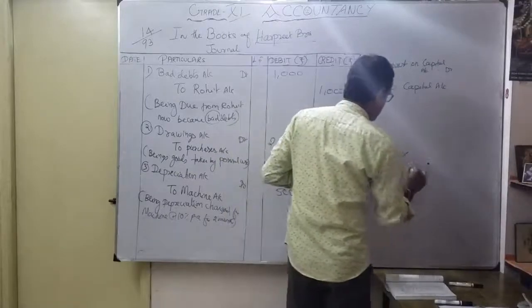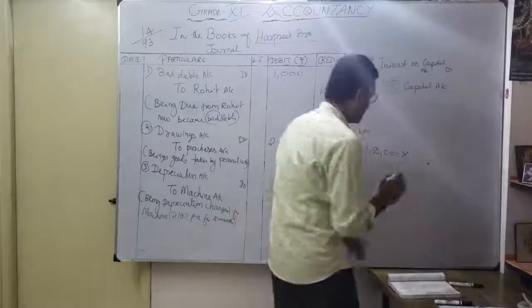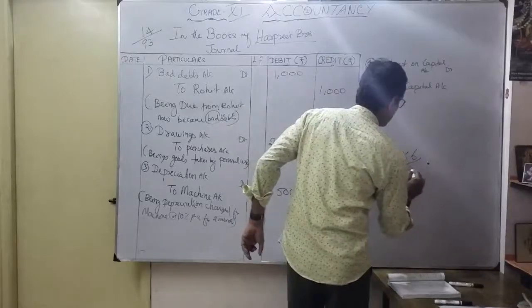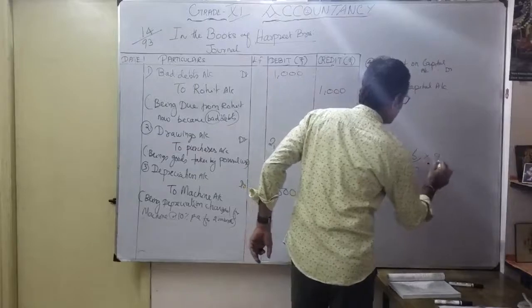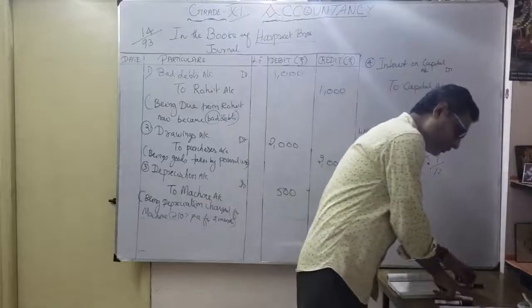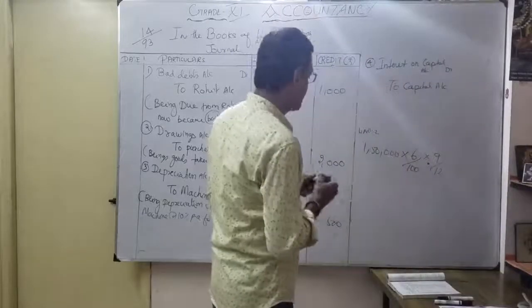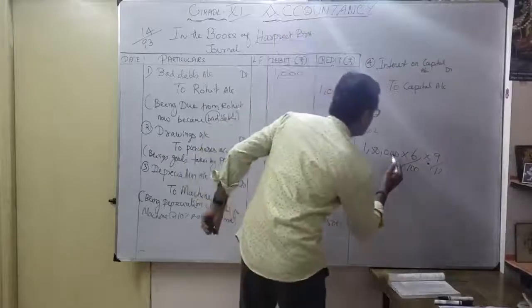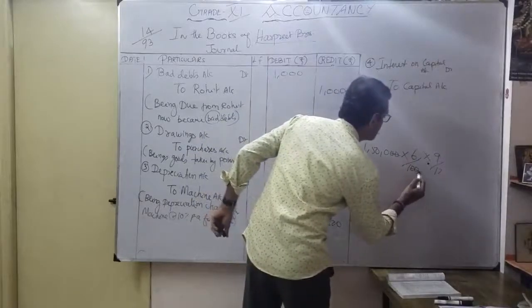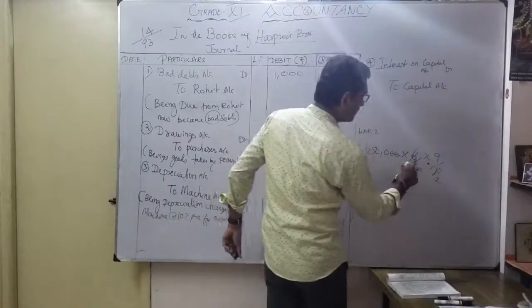1,50,000 into the rate of interest, 6% per annum. See, 6 by 100 into how many months? 9 by 12. So how to simplify this amount? You can easily get it. I cut it here. Then 2 6s are 12.